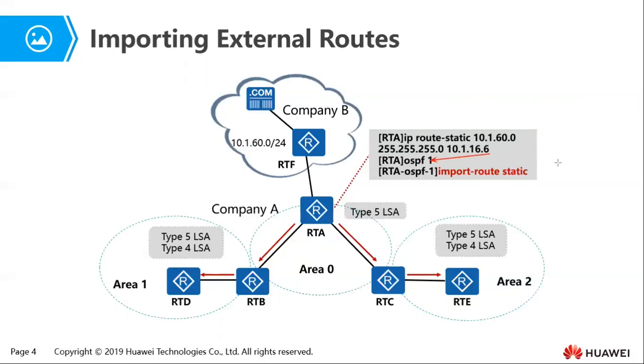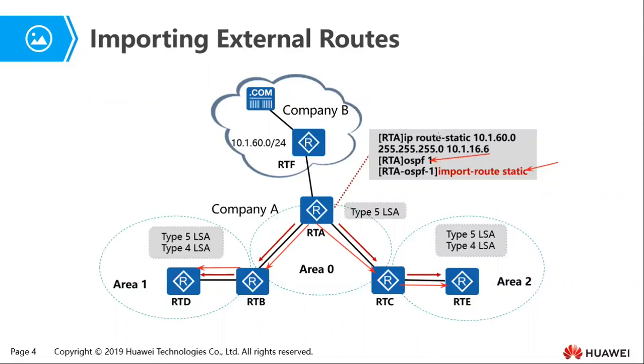So we can use the command import-route static. This command will advertise that static route in our autonomous system. RTA is simply going to advertise that route to RTB and RTC. Then RTB and RTC are also going to advertise it in the other areas that they are connected to.